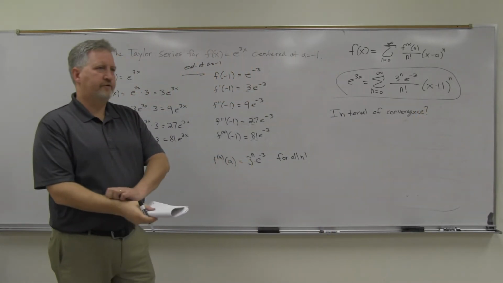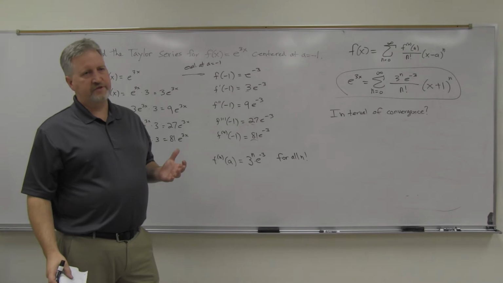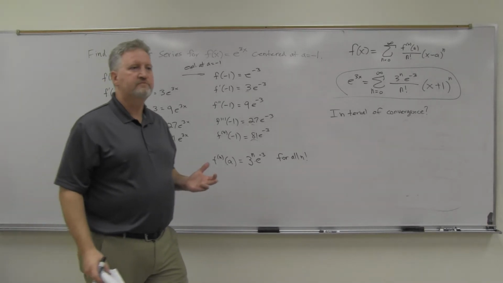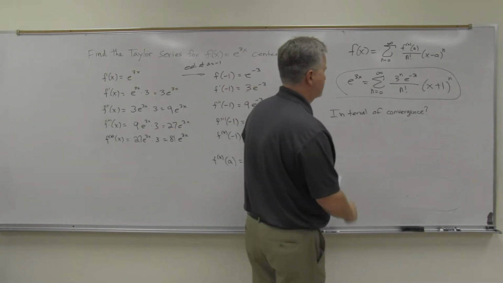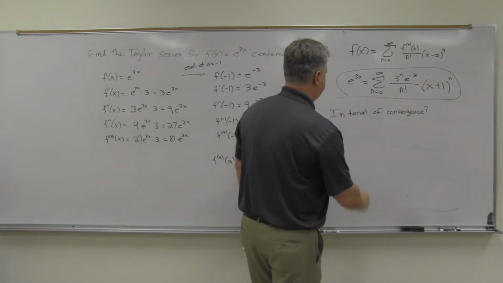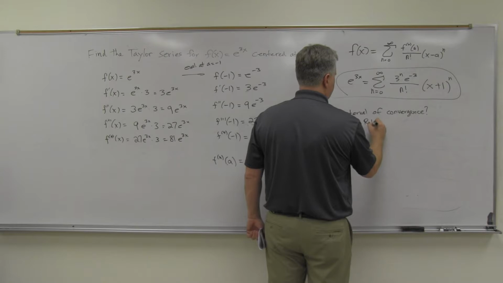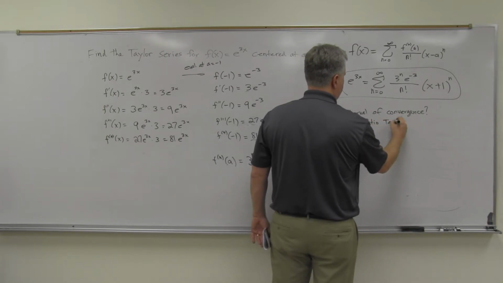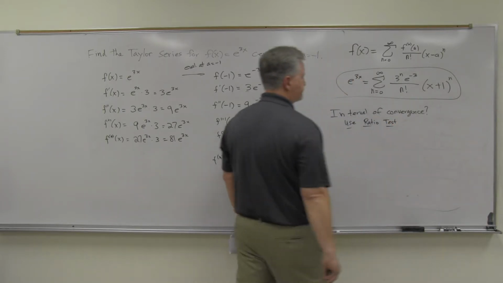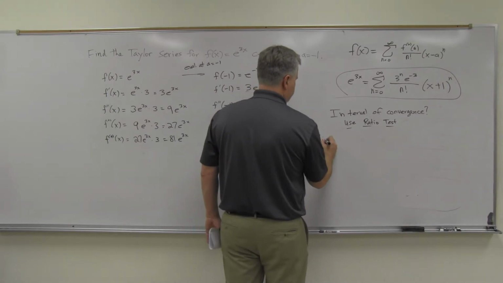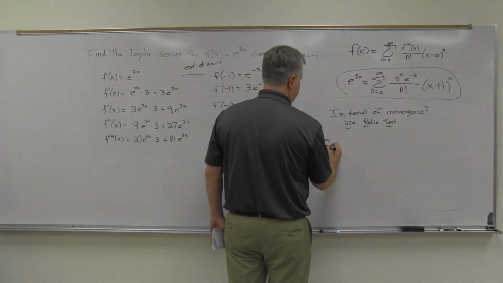If it asks for the interval of convergence, you're just going to use the ratio test in most cases. Do your limit as n goes to infinity.